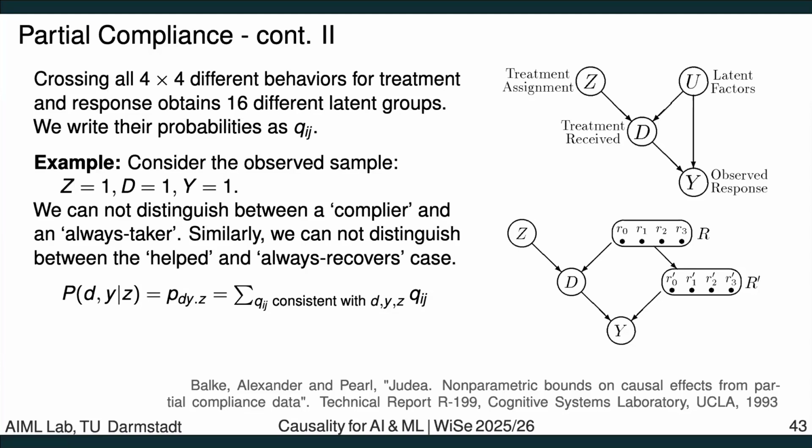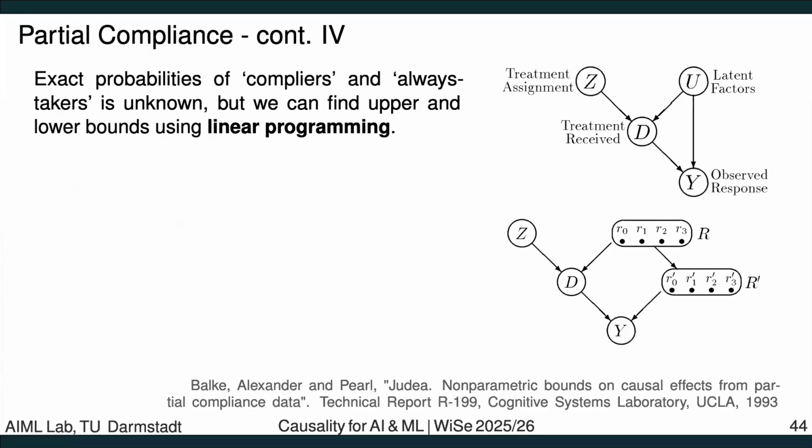Basically, we have constraints which bound the observations to the probability distributions of this latent space. The idea is that we will then add more and more of these constraints and get a restricted space where we apply linear programming, which finds us the minimum and maximum bounds or effects in this restricted space.